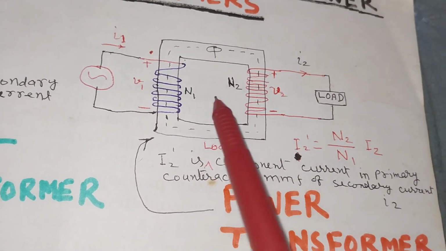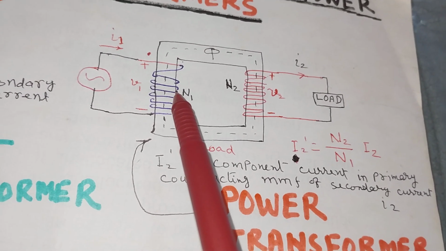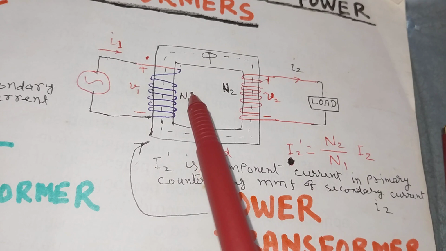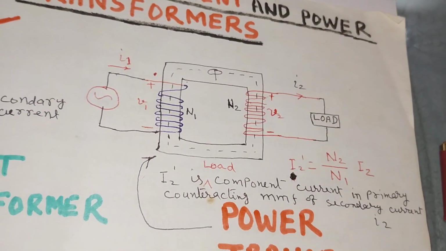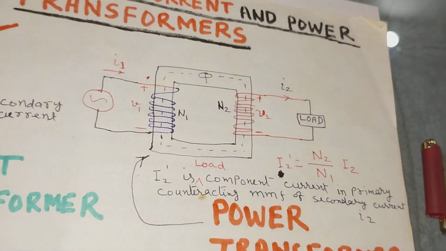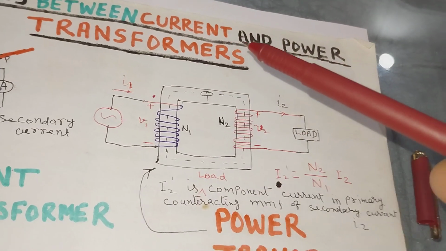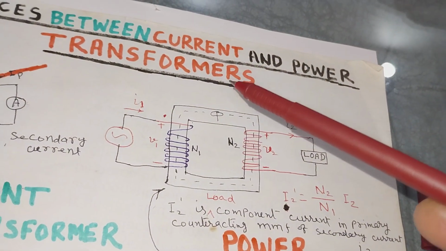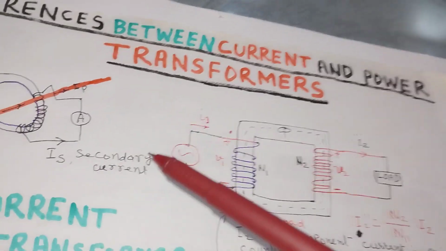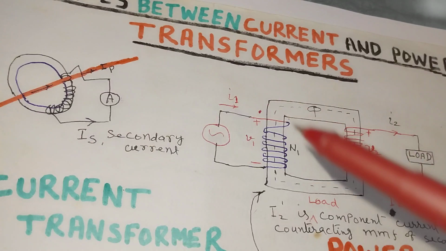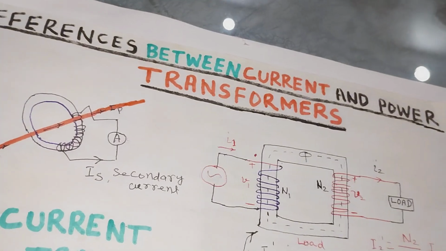As we learned earlier, power transformers emphasize more on economy and efficiency. Secondly, a power transformer has many turns in primary in contrast to single turn in CT.